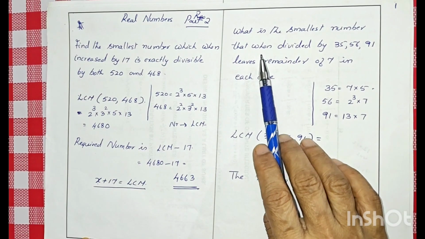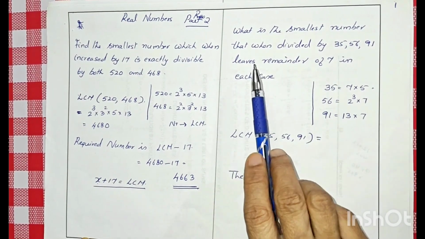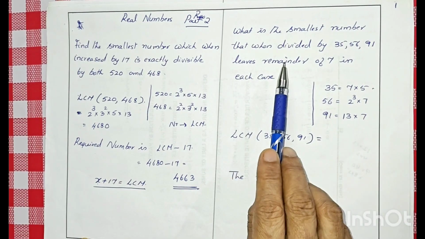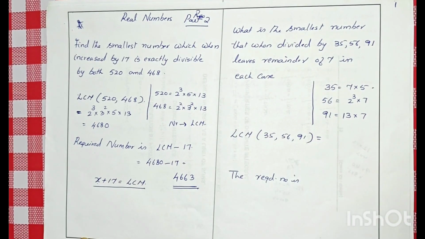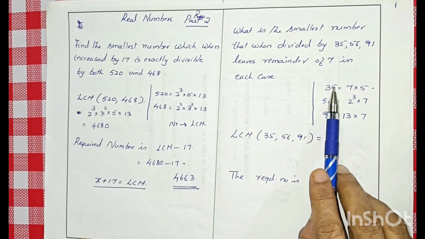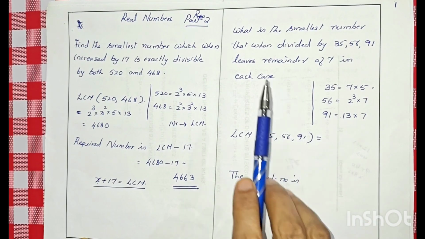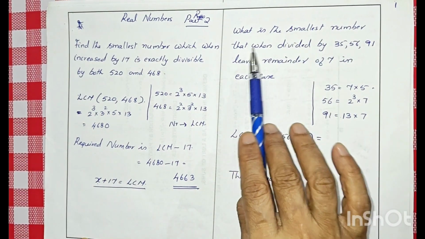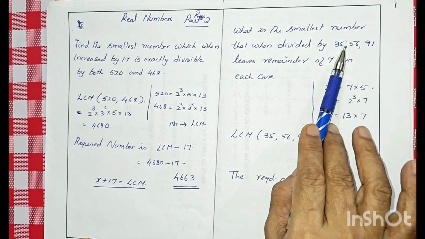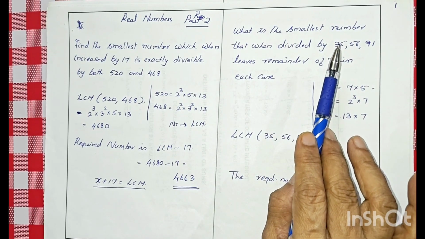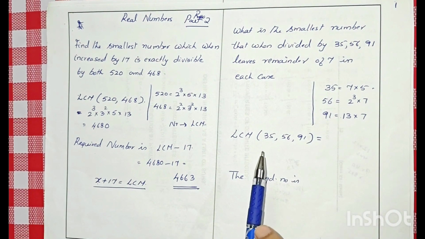The next question. What is the smallest number that when divided by 35, 56 and 91 leaves a remainder of 7 in each case? First we will find the prime factorization. The smallest number when divided by these numbers, so you have to find the numerator. Therefore you have to find the LCM.